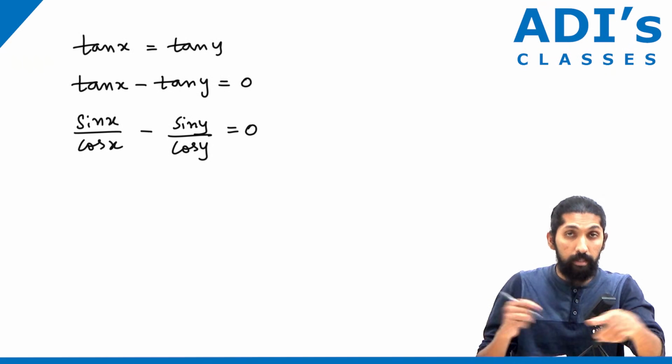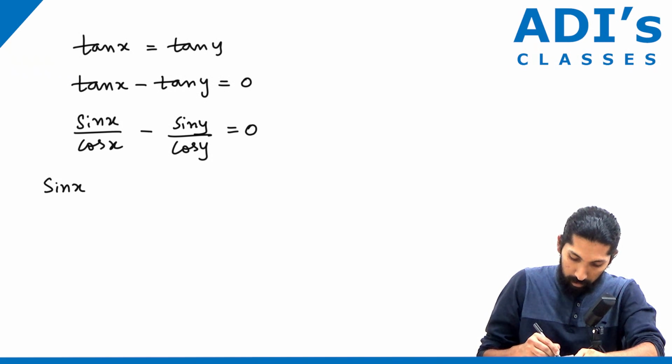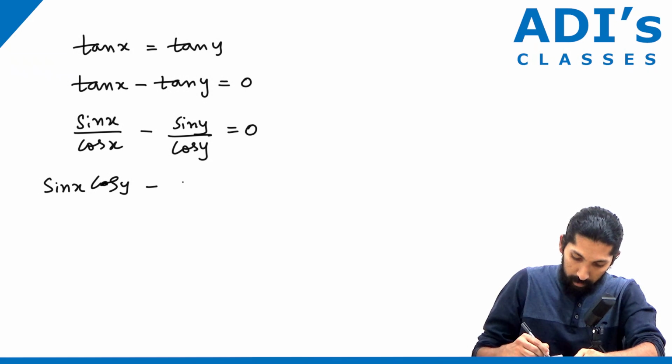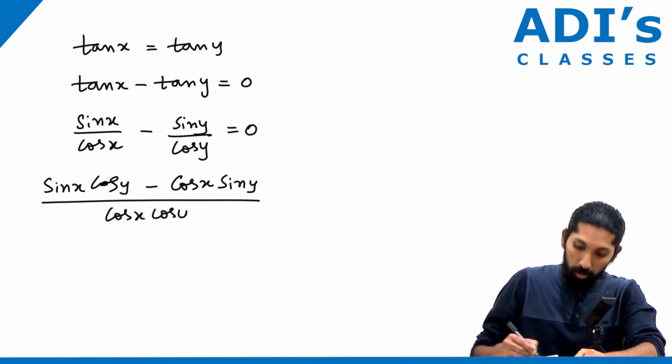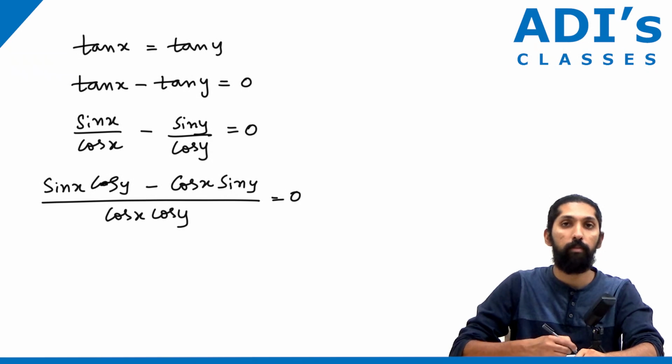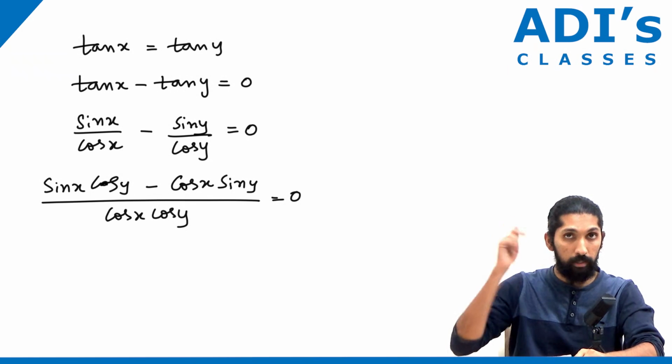Now take LCM. You are going to get sin x cos y minus cos x sin y divided by cos x into cos y is equal to 0. Correct?